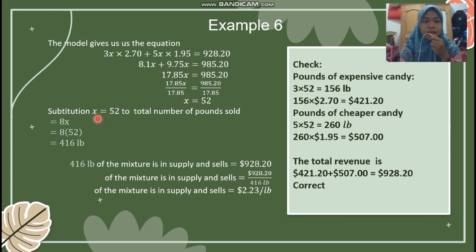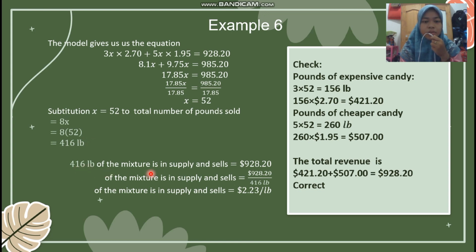And substituting x equals 52 into total number of pounds sold, 8x, 8 times 52, and will be 416 pounds.